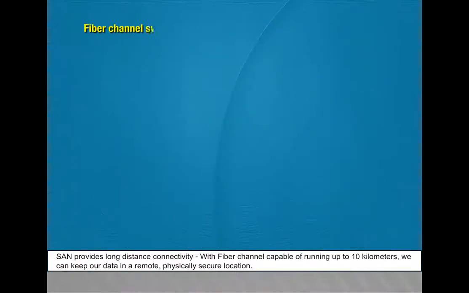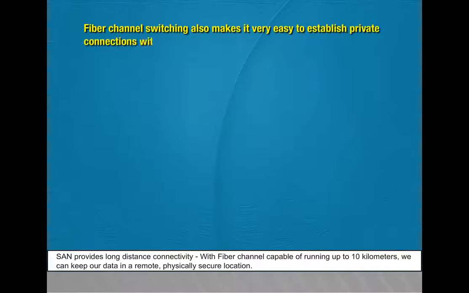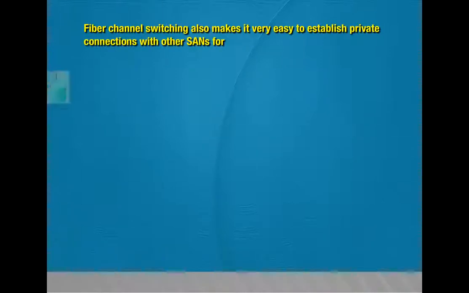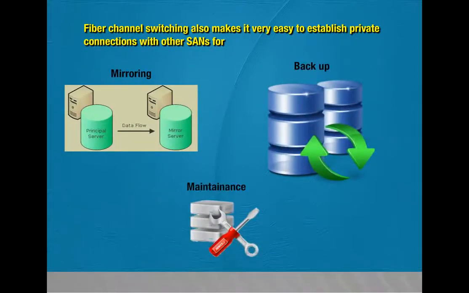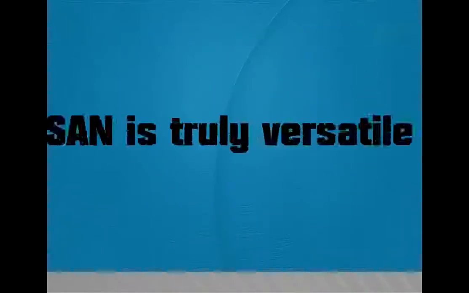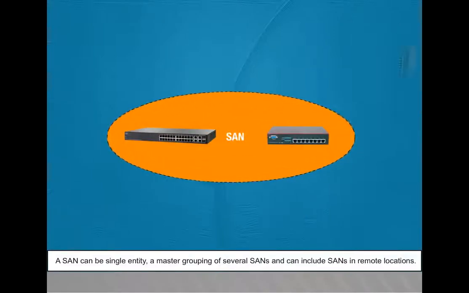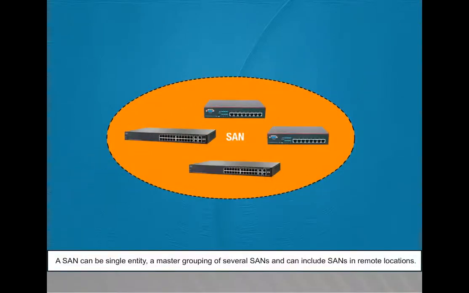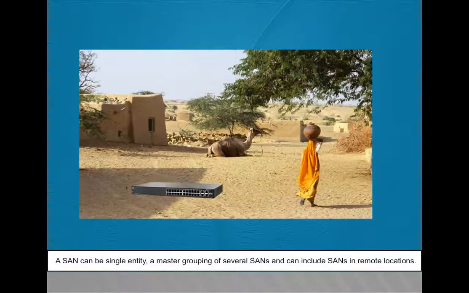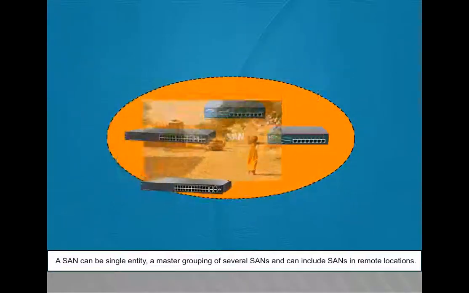Fiber channel switching also makes it very easy to establish private connections with other SANs for mirroring, backup or maintenance. SAN is truly versatile. A SAN can be a single entity, a master grouping of several SANs, and can include SANs in remote locations.